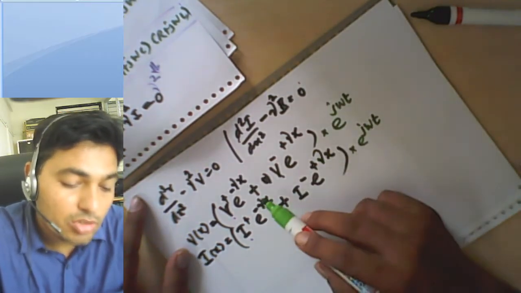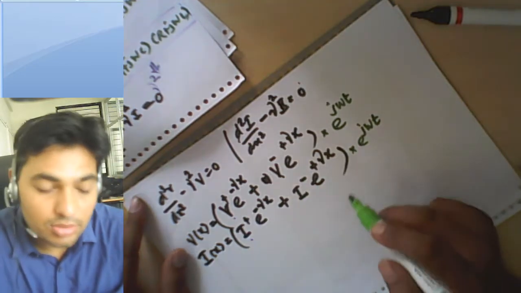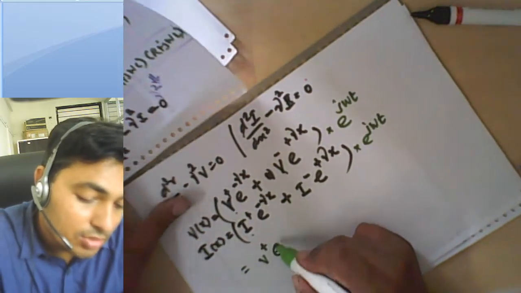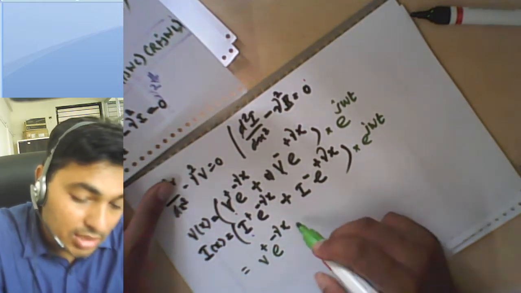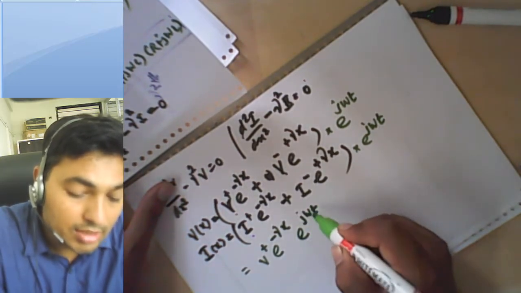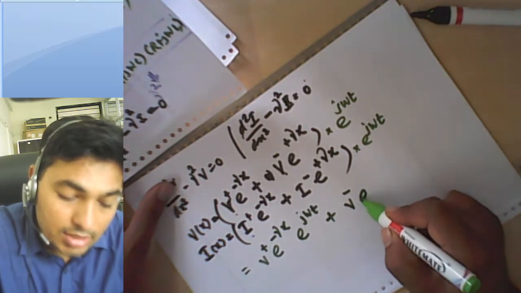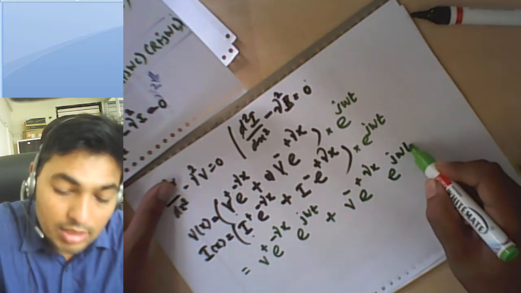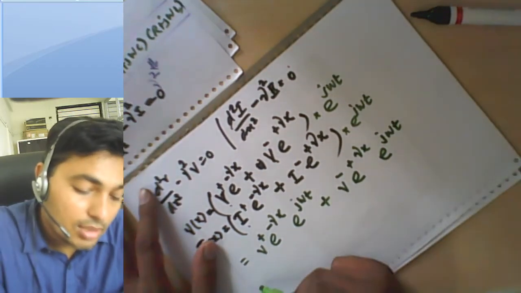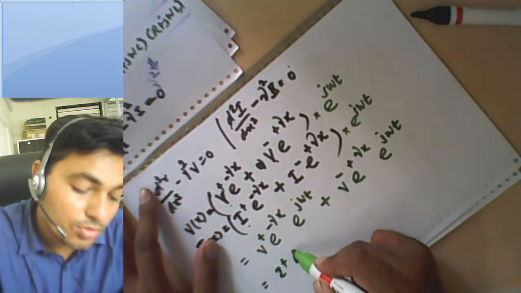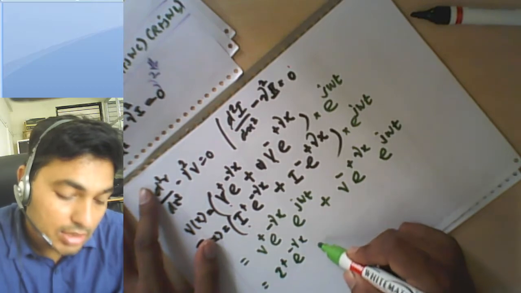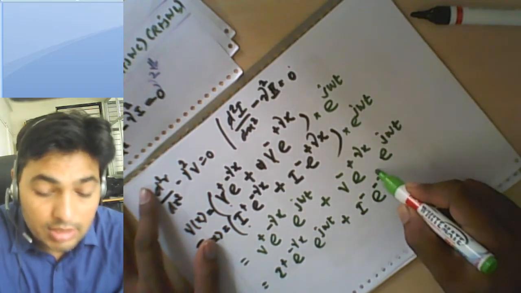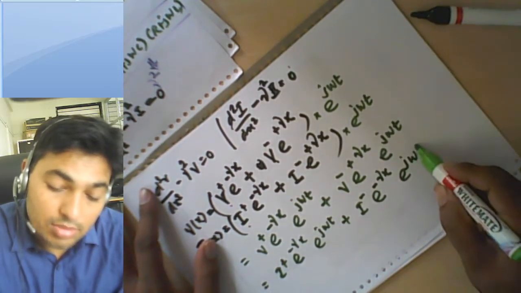So for voltage we have V plus e raised to minus gamma x into e raised to j omega t plus V minus e raised to plus gamma x e raised to j omega t. Similarly for current, we have I plus e raised to minus gamma x into e raised to j omega t plus I minus e raised to plus gamma x e raised to j omega t.